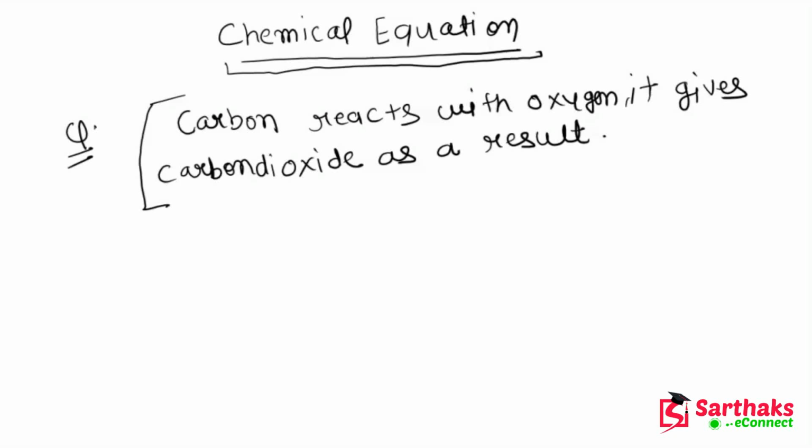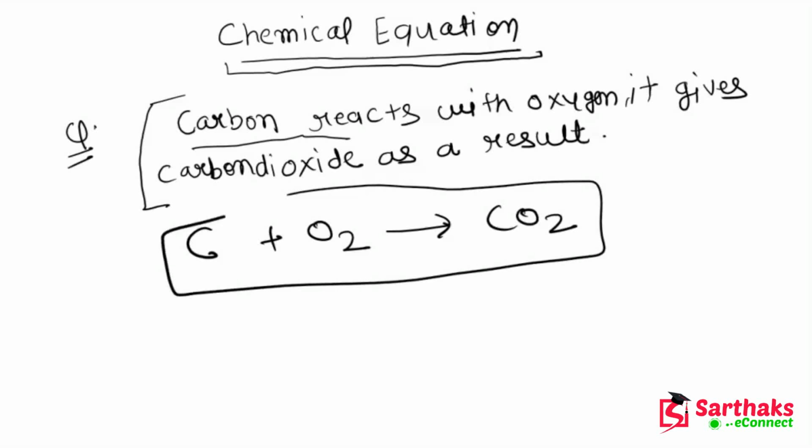If I want to write this same thing, I can write C plus O2 equals CO2. This portrays the same message as the statement, but it is simpler and shorter.